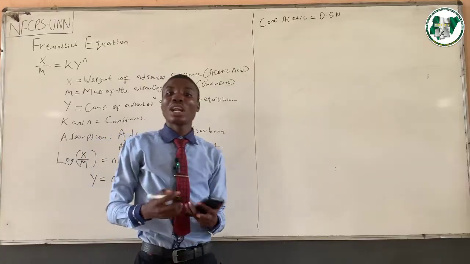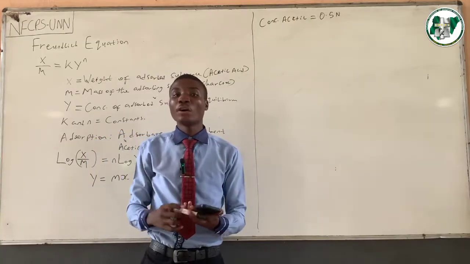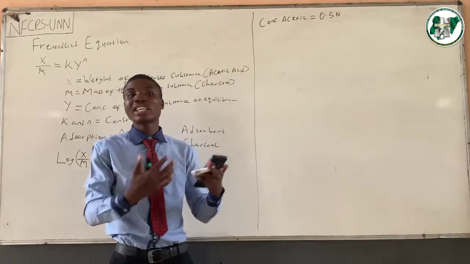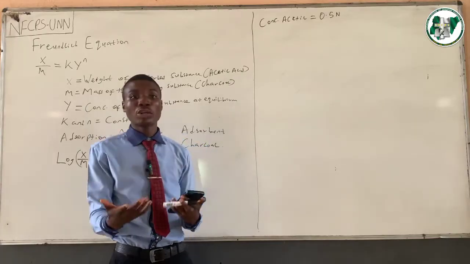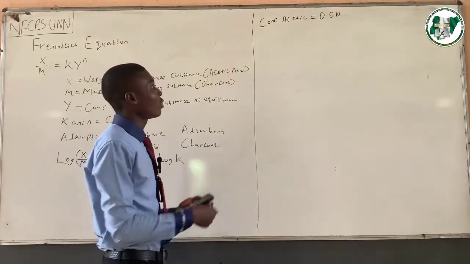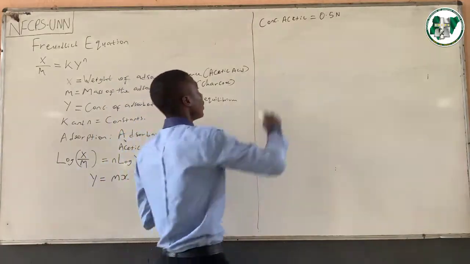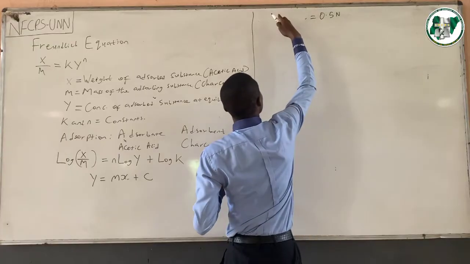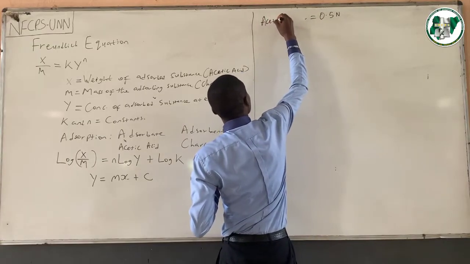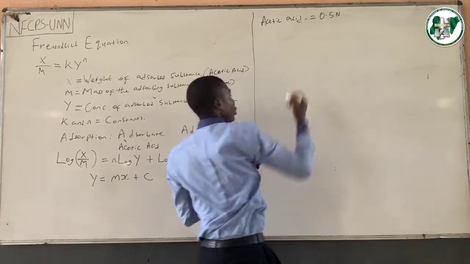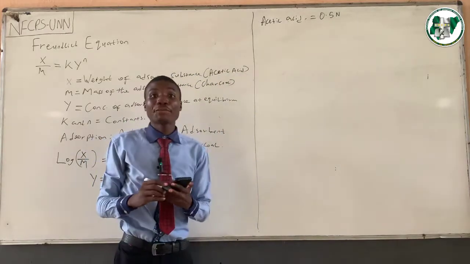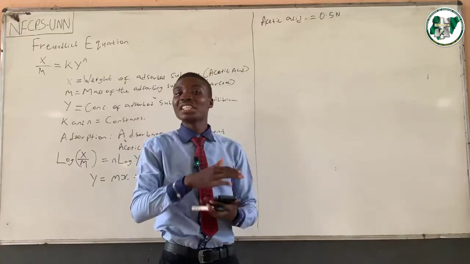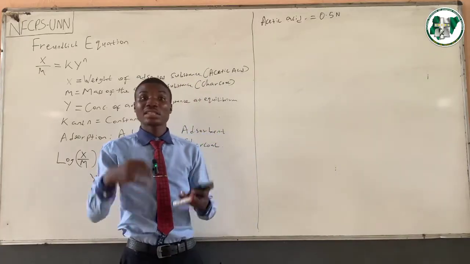Now, when you get to your laboratory, you could be given sodium hydroxide, which is going to be used for the dilution process. We're going to read the procedure and then we'll understand much better. Your acetic acid concentration is 0.5 normal, but the sodium hydroxide you will be given depends on what the lab attendants decide to provide.